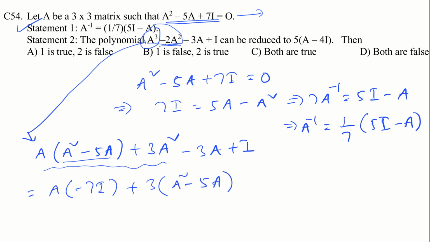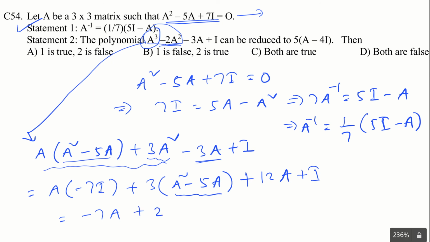Observe that it balances 3a square, but I subtracted 15a. To balance I have to add 15a. 15 together with minus 3, I'll get 12a plus i. So I'm getting it as minus 7a, and again this I can write 7i.